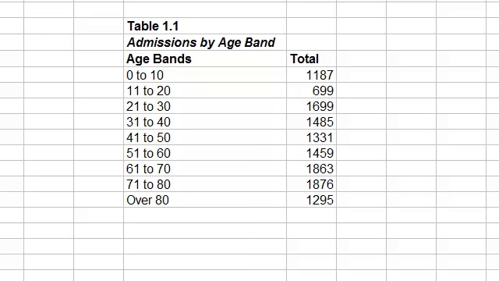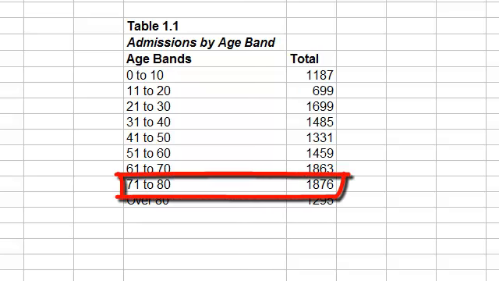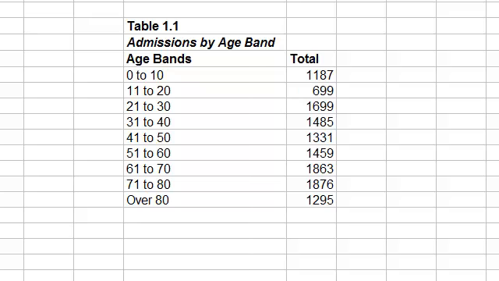For example, in Table 1.1, it can be seen that the age band, 71 to 80, has the greatest number of admissions, but not the relative difference to other bands.